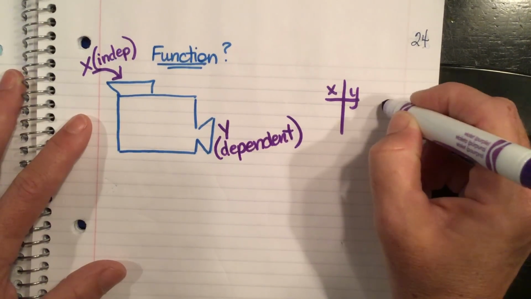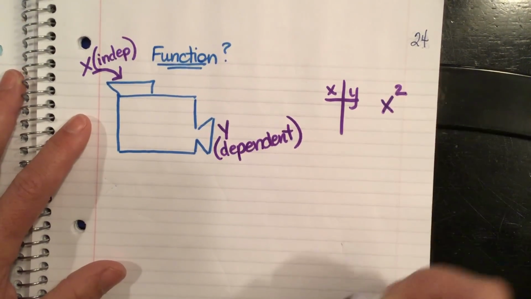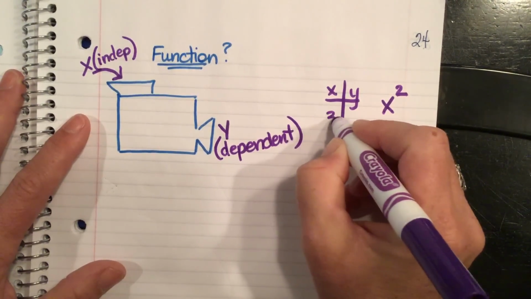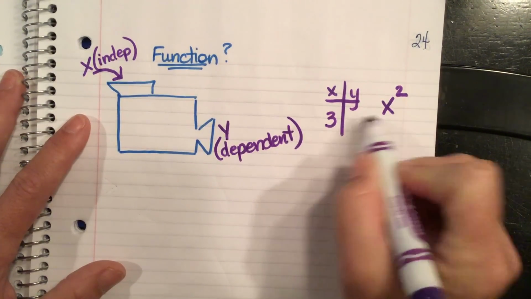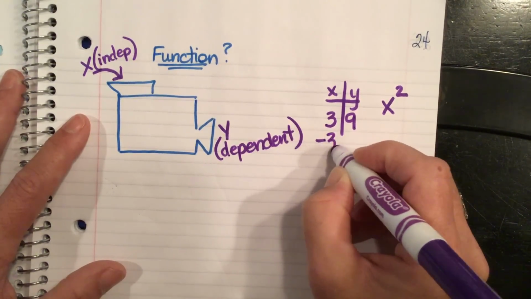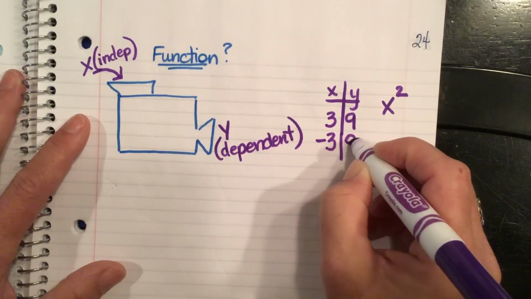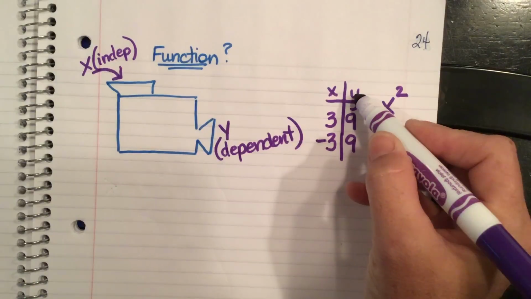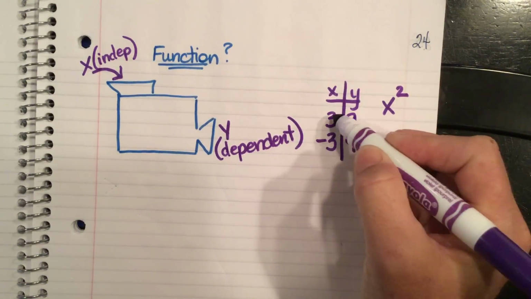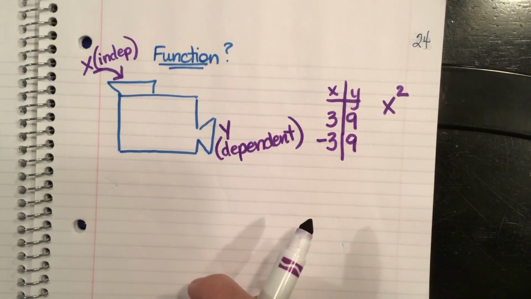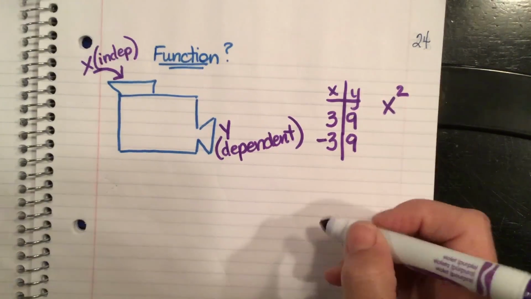So let's look at an example. If I had x squared, okay? Let's pretend I put in 3 as my x. So 3 squared would be 9. What if I put in a -3? It would still be a 9. Okay? So I can have the same output, but the one thing about a function is you can only have one output for every input.